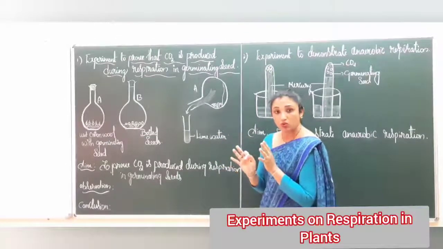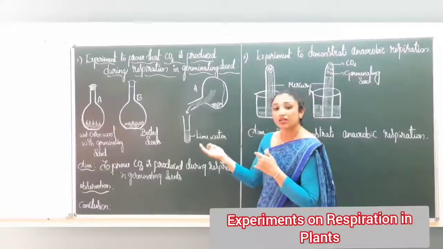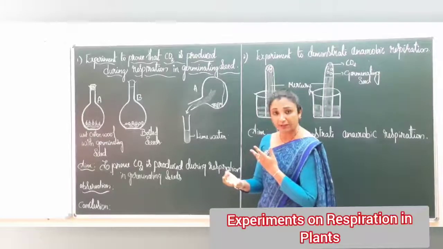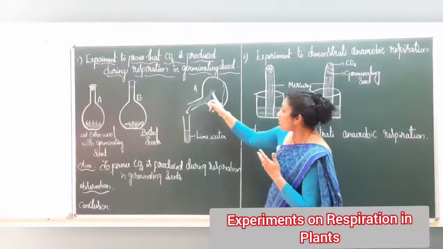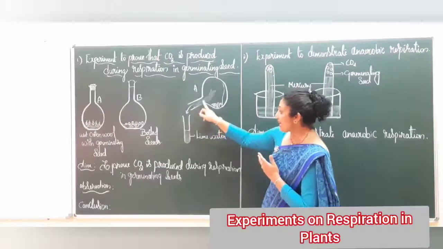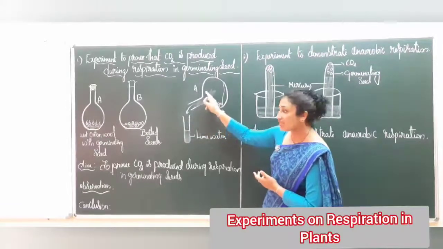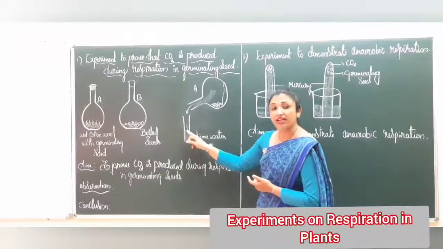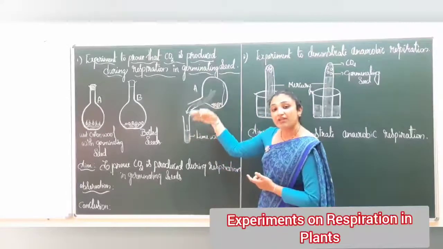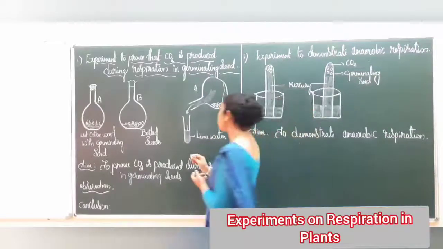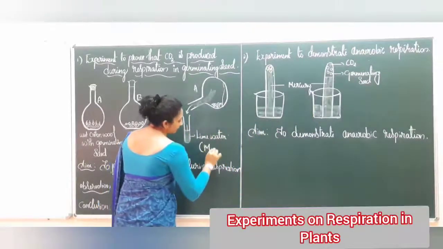We don't know until we perform the experiment; we will not know what type of gas will be liberated. Am I clear? Now, as we tilt the flask against the test tube, the gas produced inside the flask will come in contact with the lime water, and this lime water in the test tube turns milky.